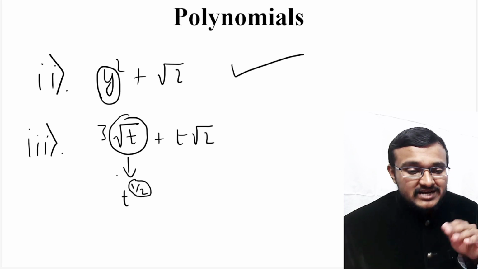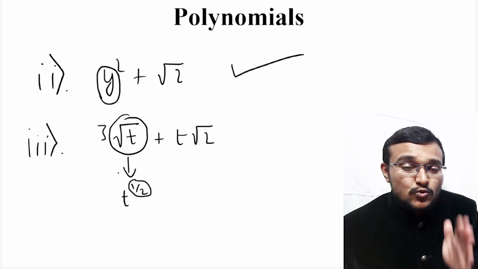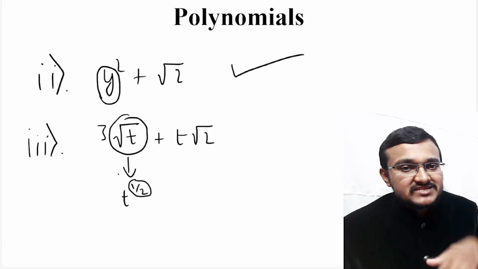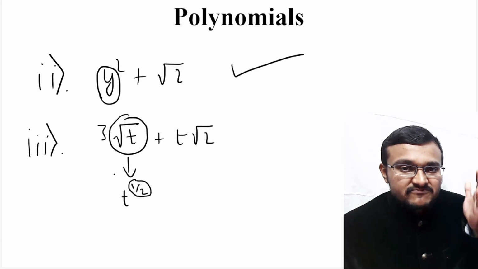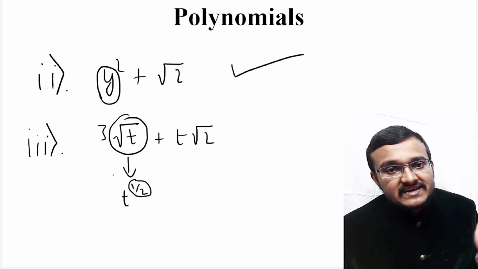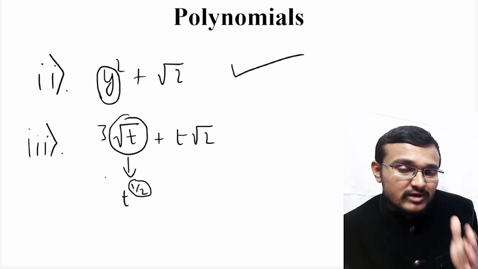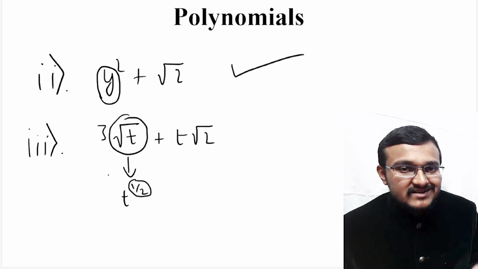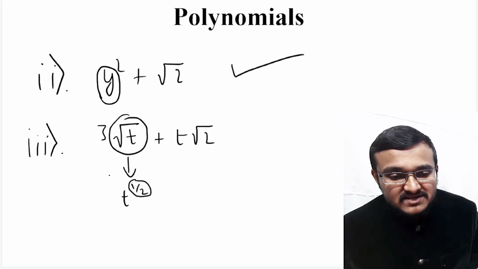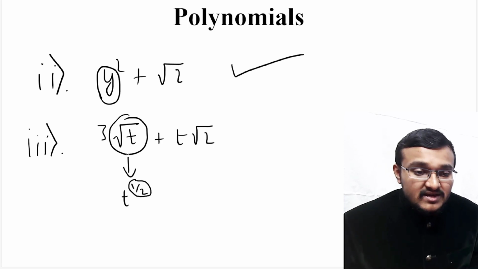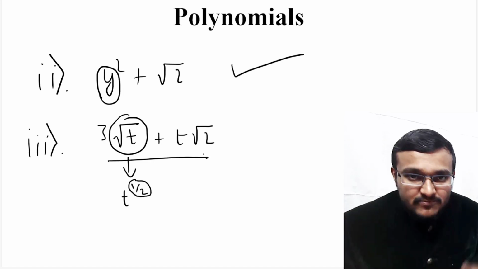Variables can only take whole numbers as their powers, that means starting from 0 it can take only positive integers. Here you have 1 by 2, which is not an integer, not a whole number, it is a rational number. So that's why this particular expression is not a polynomial.